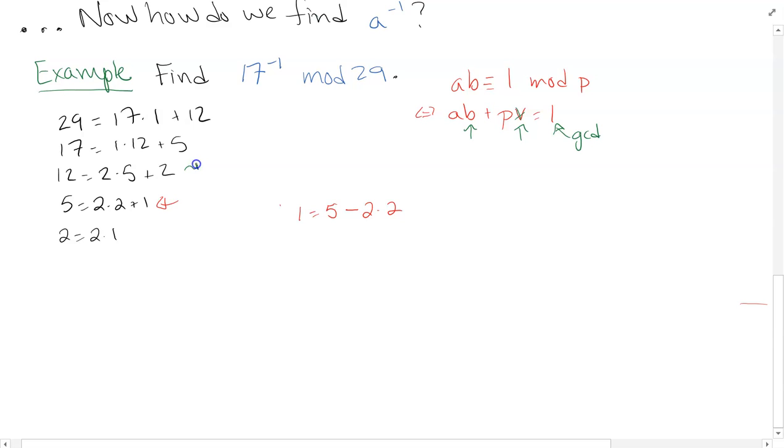Here I would solve for 2: 2 is equal to 12 minus 2 times 5. I'm going to isolate the remainder each time. 5 is equal to 17 minus 1 times 12, and then 12 is equal to 29 minus 1 times 17. Now I want to return to my statement here and continually resubstitute.